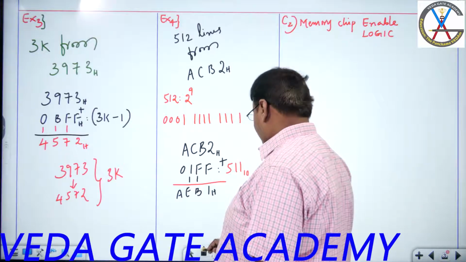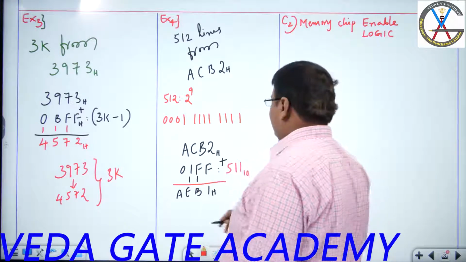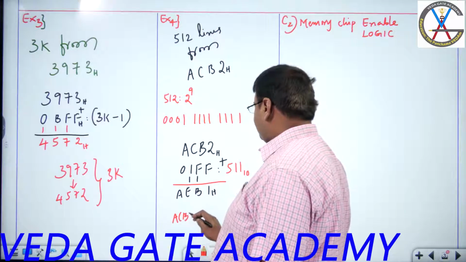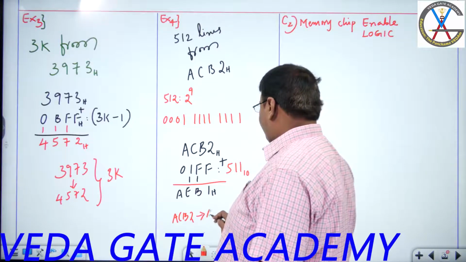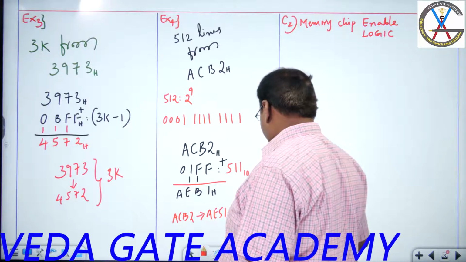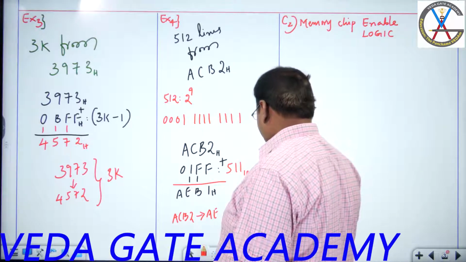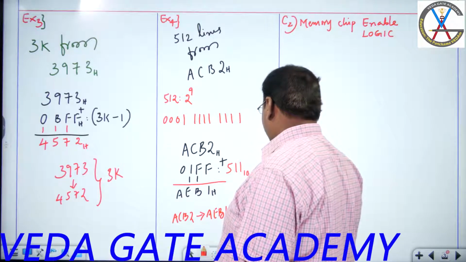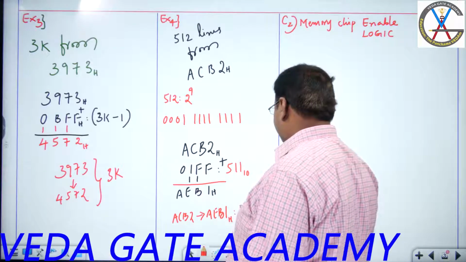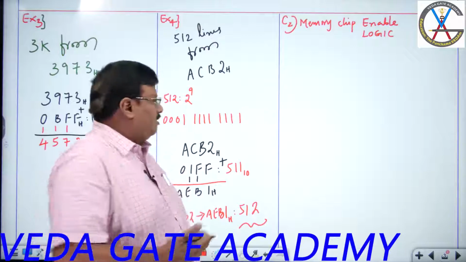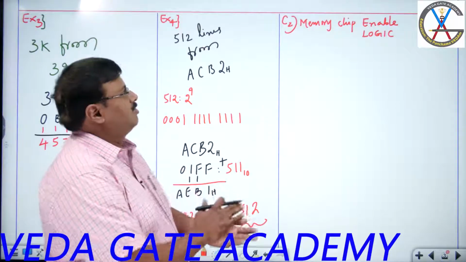So it is that. AC B2 to AE B1 is 512 lines. I hope you are clear now completely how to calculate the address range for the memory ICs.